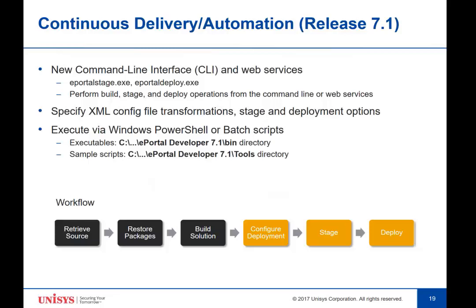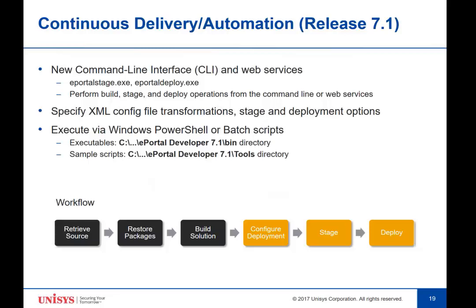And what I mean by continuous delivery, well, if you look at the workflow below here, you'll see with this release of the ePortal, you can automate the entire workflow. So everything from, as your developers check in their source, you can create scripts or use our CLI that, with a single click or a single invocation, can retrieve the source from source control, restore any packages, the dependent packages that are needed for that particular application, build the solution.